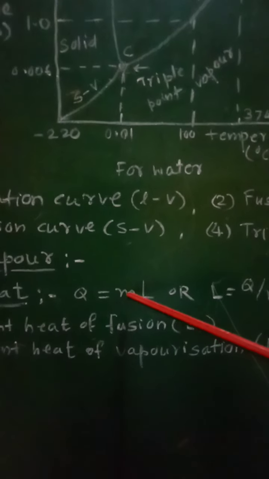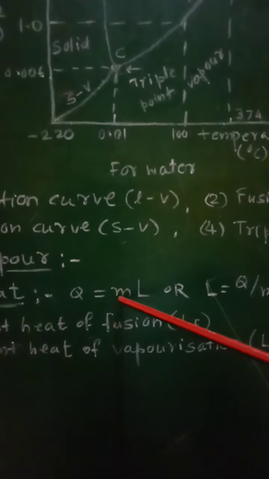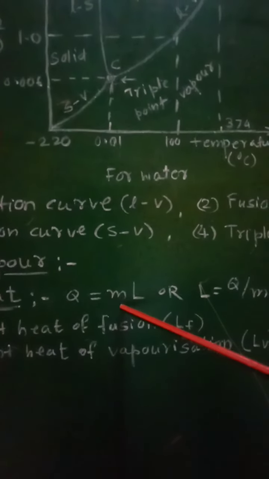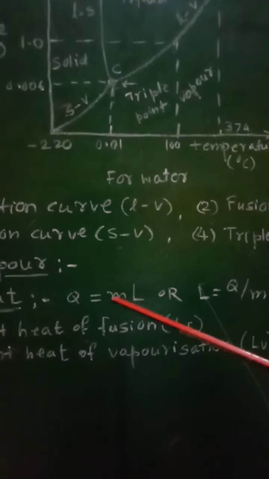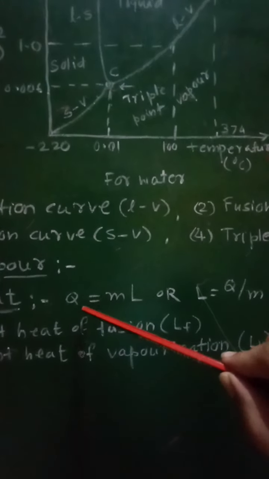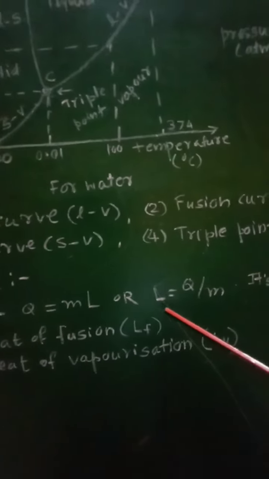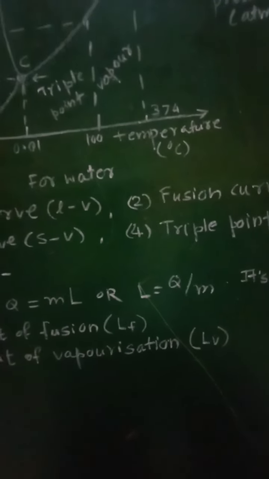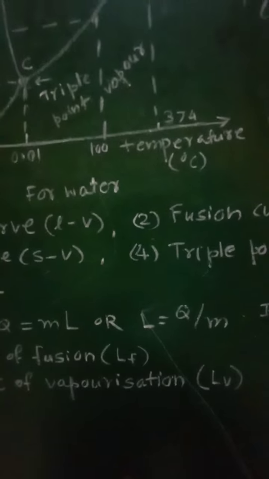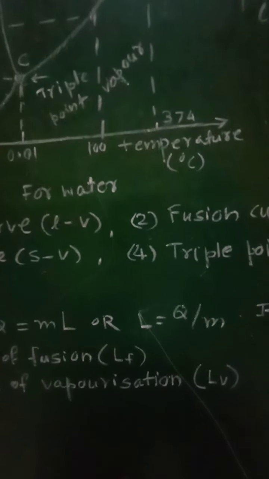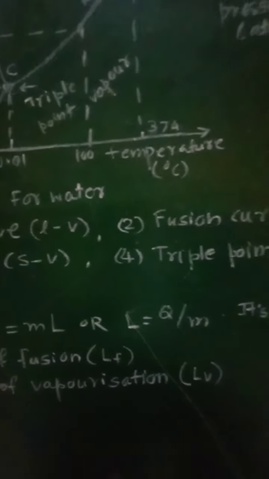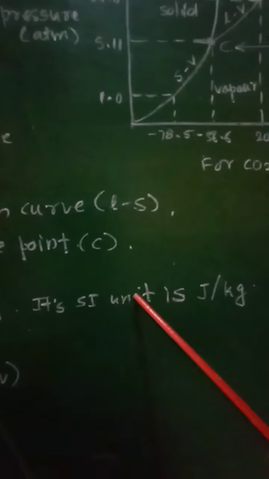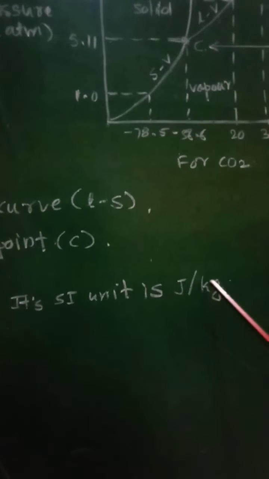The quantity of heat will be directly proportional to the mass of the substance, therefore Q equals m into L, or L equals Q by m, where L is called the latent heat of that substance. As L equals Q by m, the SI unit of latent heat will be joule per kilogram.